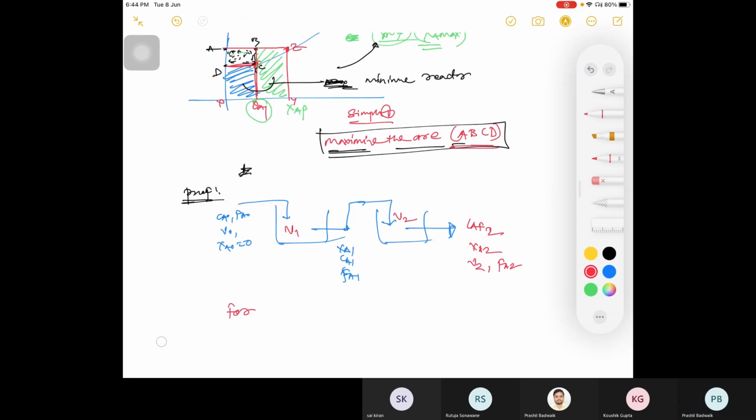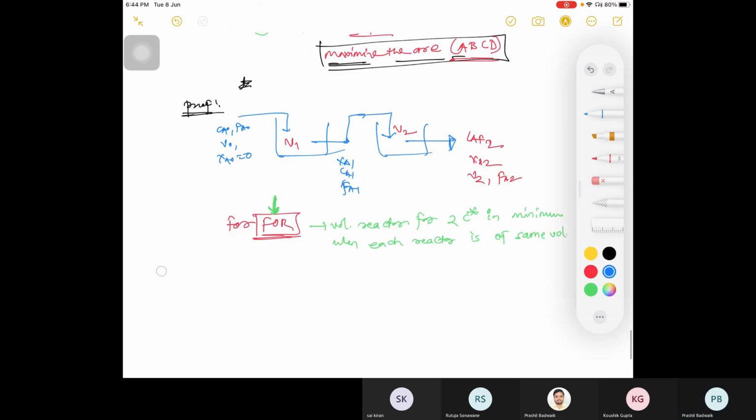I'll prove it for a first order reaction. Please keep in mind this is for first order reaction. For first order reaction, the volume of two CSTRs is minimum when each reactor is of the same volume.